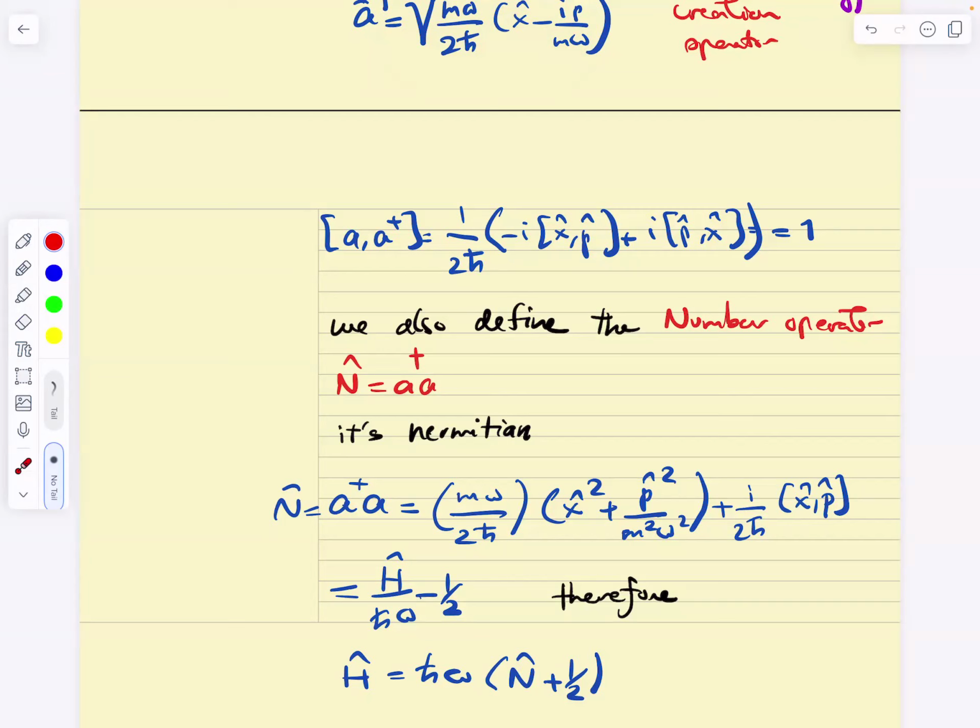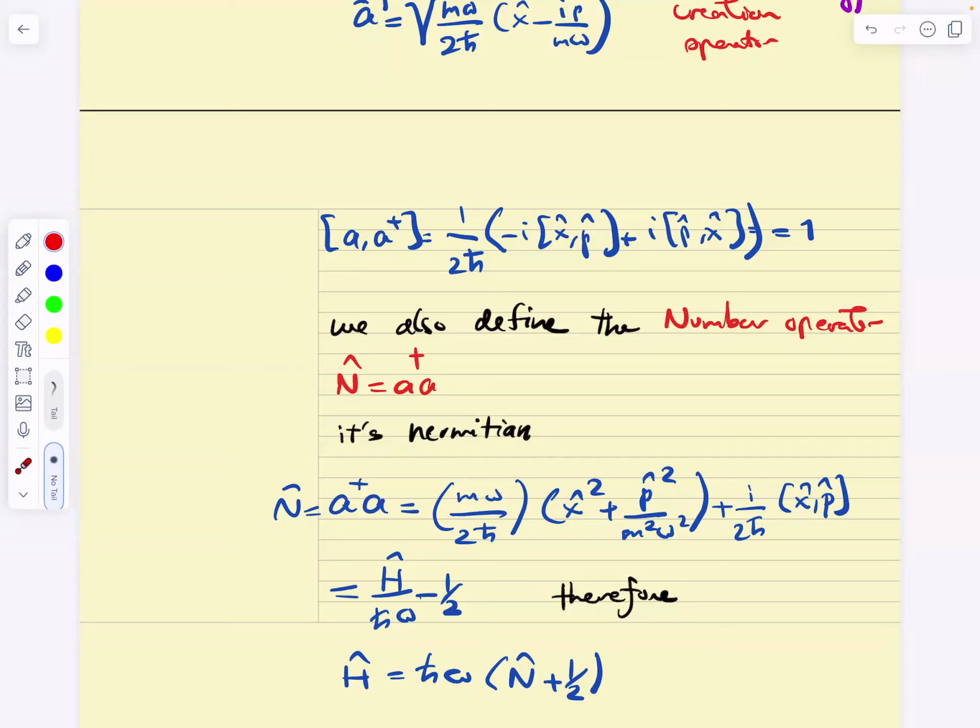This operator turns out to be not only an observable, but actually a positive operator. What does that mean? It means that there will be a minimum energy, which corresponds to half h bar omega. This is an afterthought. I'm assuming you have seen some version of the simple harmonic oscillator before.